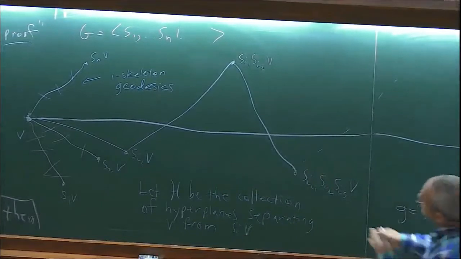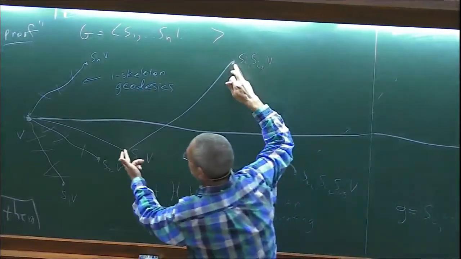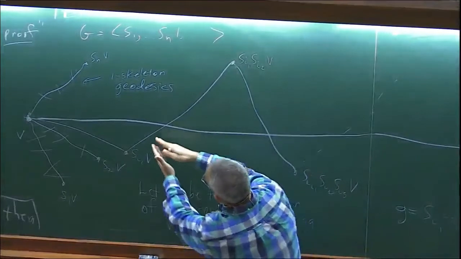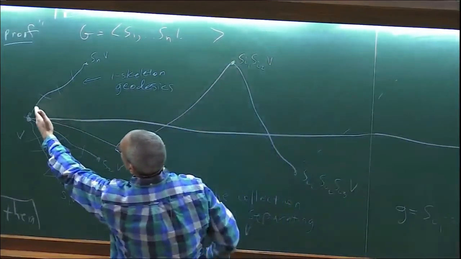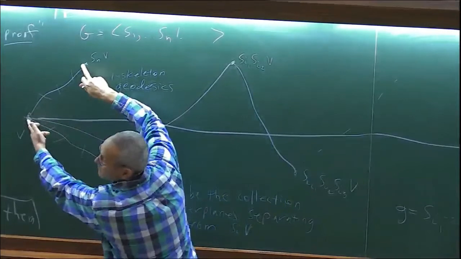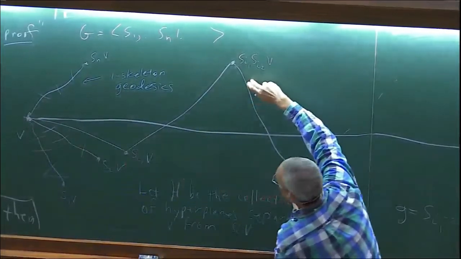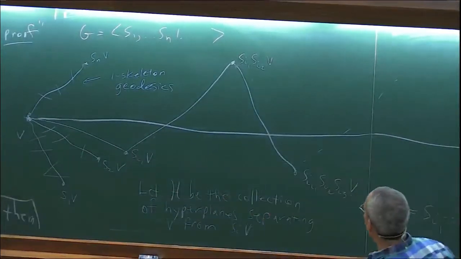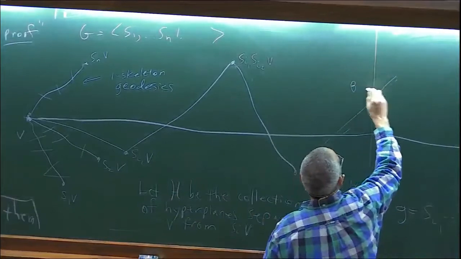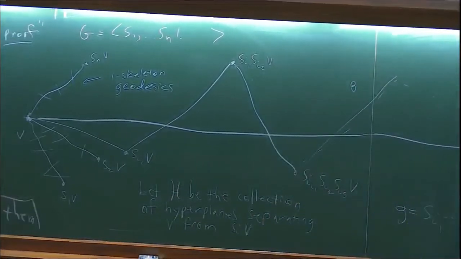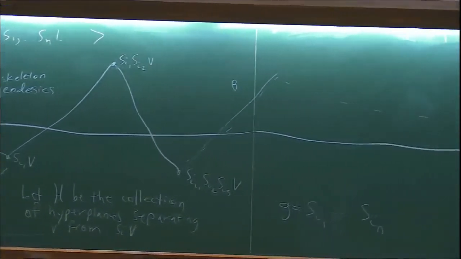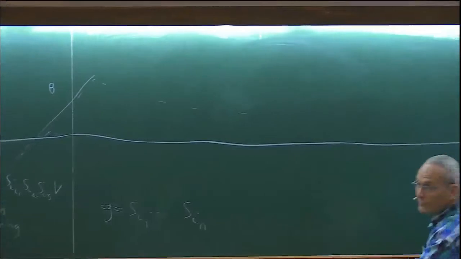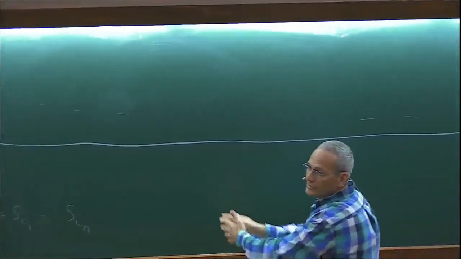And all of these little subpaths, all the hyperplanes along each one of these pieces, are translates of one of the hyperplanes in H. And the hyperplanes that cross this path beta, which also joins V and GV, all have to cross alpha, because the hyperplanes that cross alpha separate V and GV.